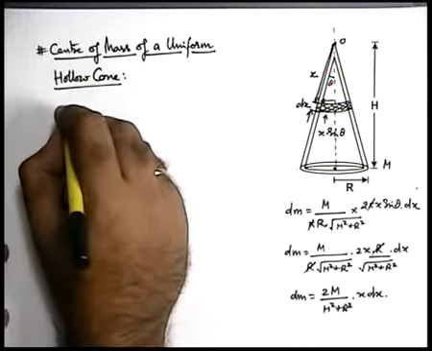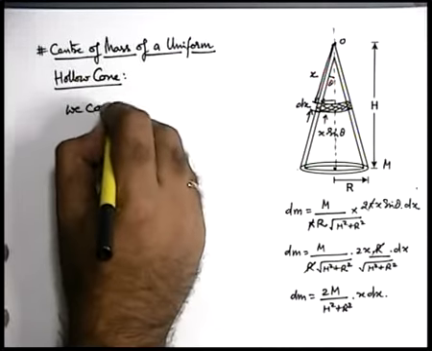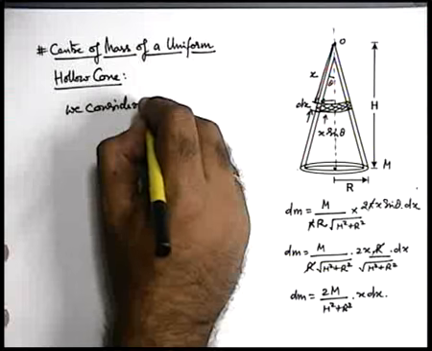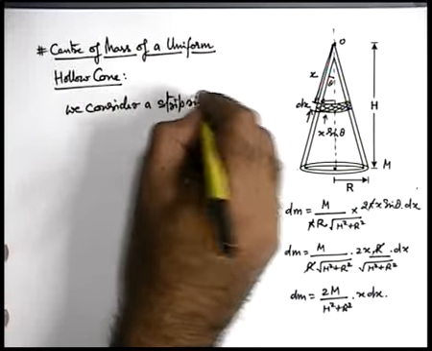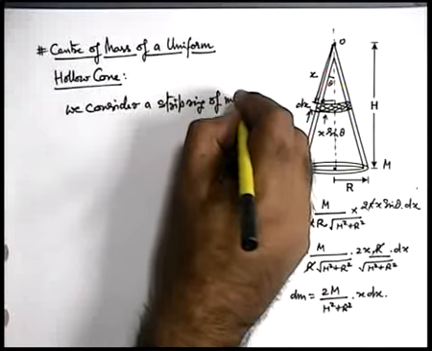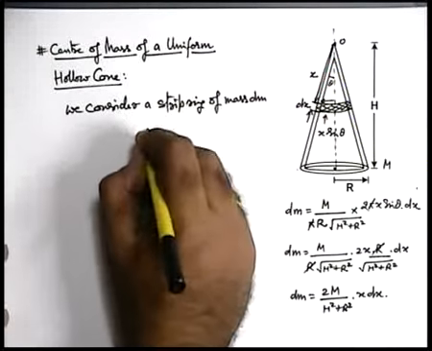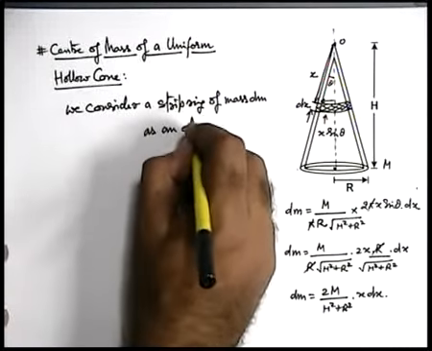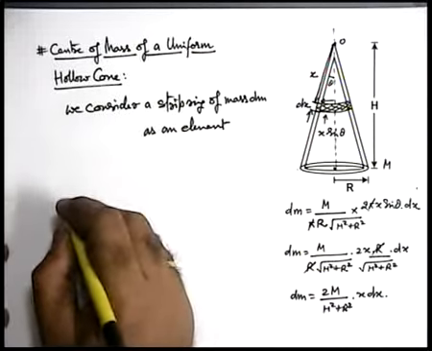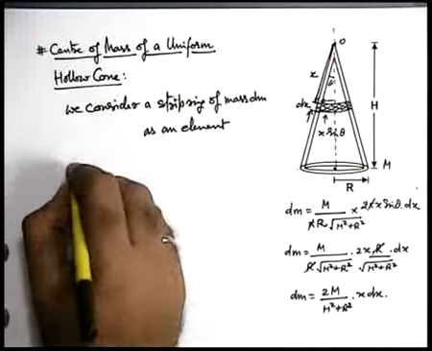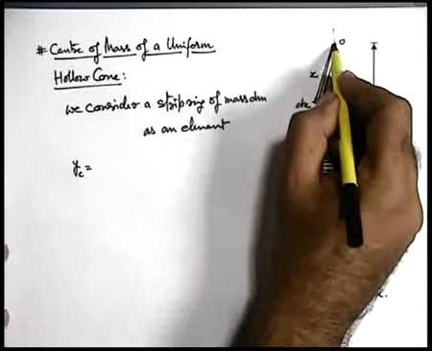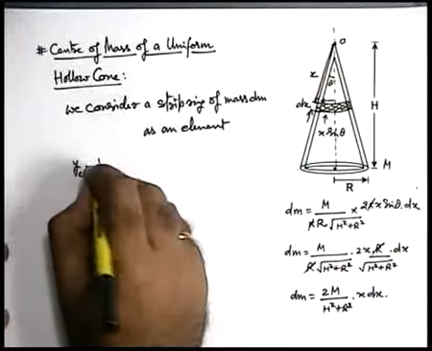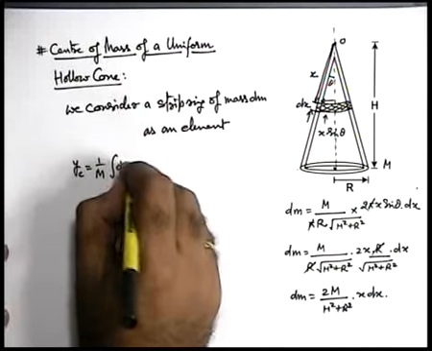Here we can write, we consider a strip ring of mass dm as an element. Now, in y direction, if we wish to calculate the y coordinate of center of mass with respect to this origin, it can be given by 1 by m integration of dm y.